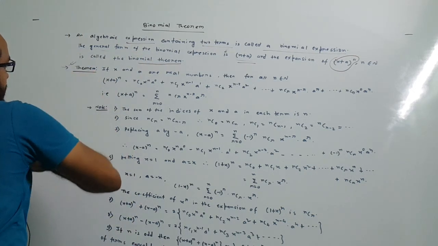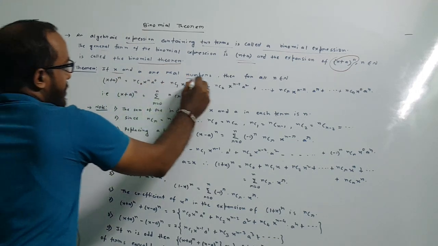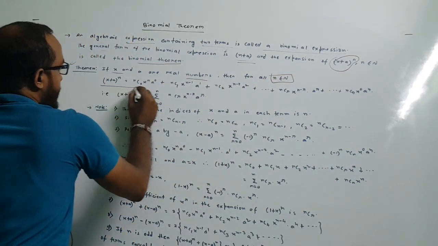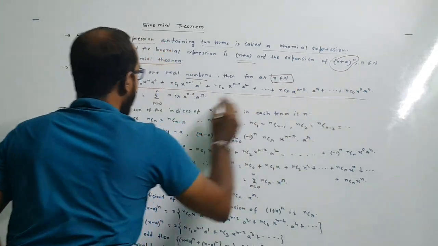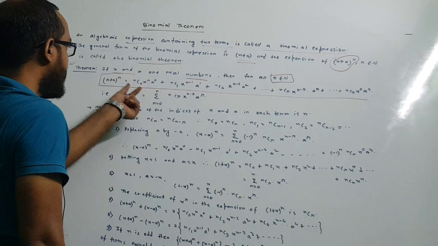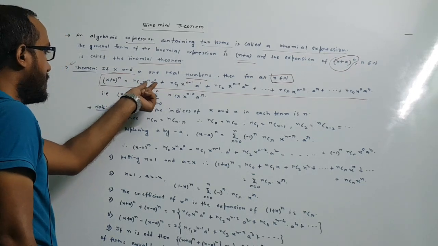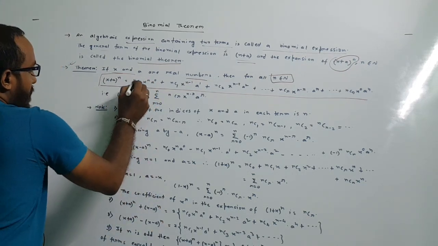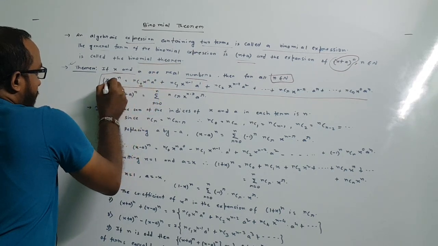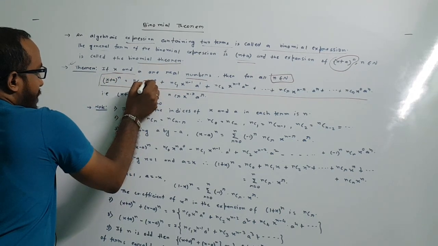Now, what is the theorem? The theorem is: if x and a are real numbers, then for all n belonging to natural numbers, this is the expansion. x plus a whole to the power n equals nC0, x to the power n, a to the power 0. See, we have to start from 0 for the power of a, and for the first part we have to start from n.